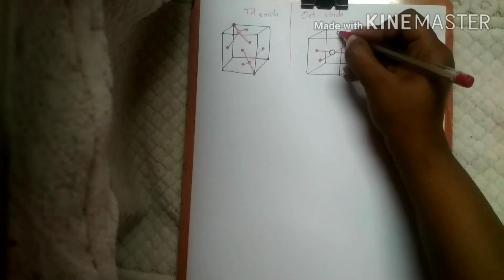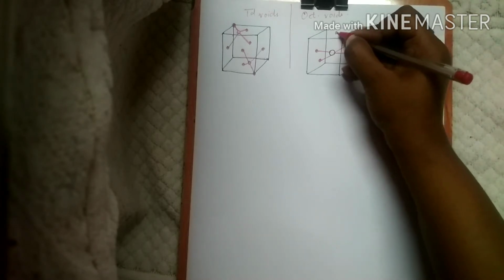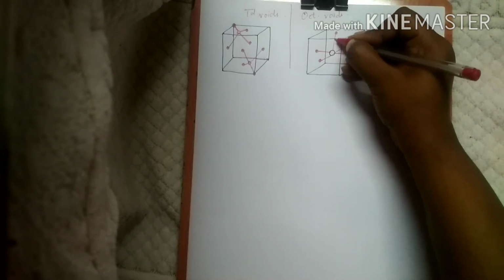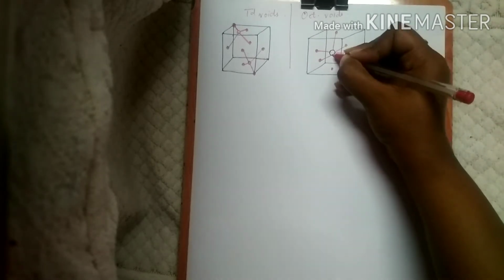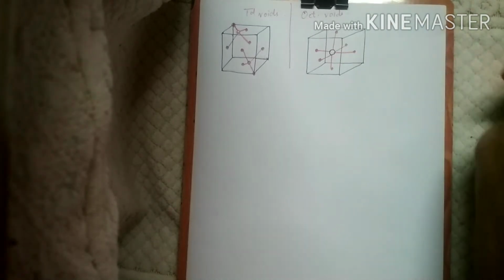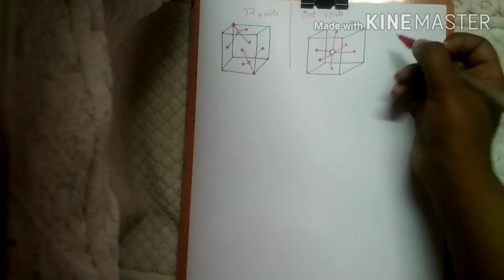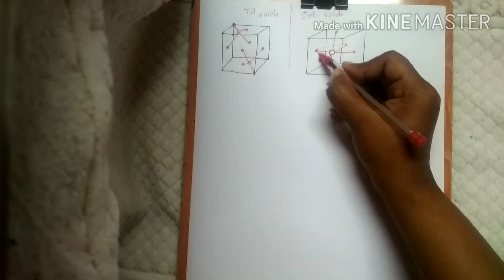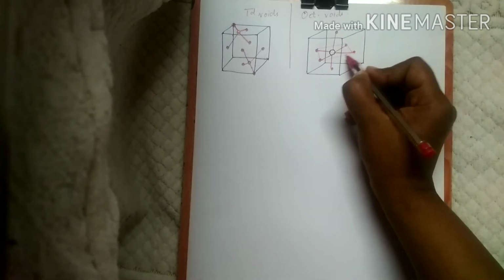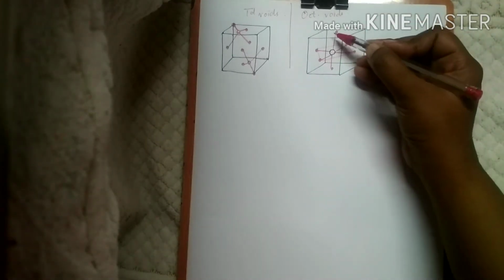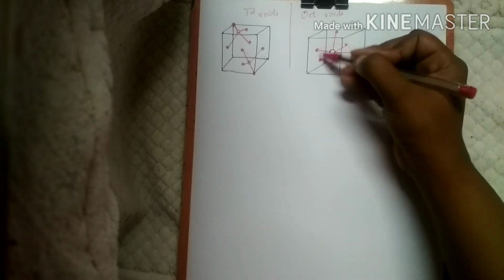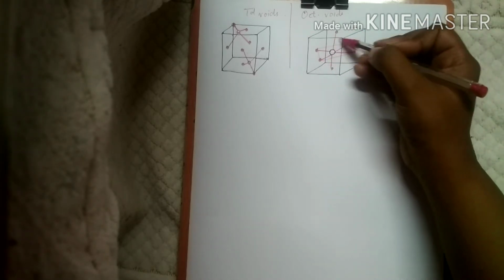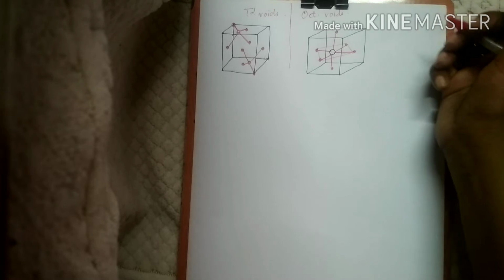Fifth will be the atom at the face center of this upper face. And sixth will be the atom at the face center of this lower face. So basically this octahedral void which is present at the body center is formed when the 6 atoms present at the face centers come in contact.